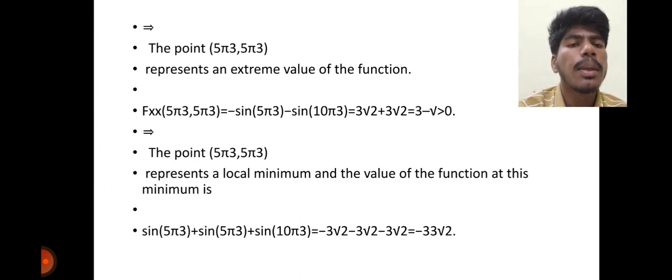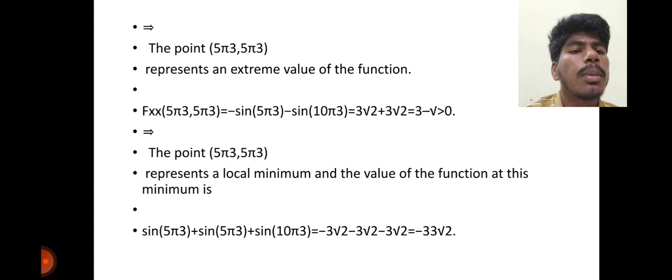Now the point 5 pi by 3 comma 5 pi by 3 represents an extreme value of the function f double integration with respect to x at 5 pi by 3, minus sin 5 pi by 3 minus sin 10 pi by 3 is equal to 3 root 2 plus 3 root 2, that equal to minus 3 root 2 minus root 3 is greater than 0.